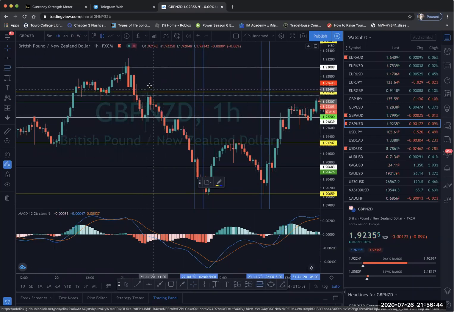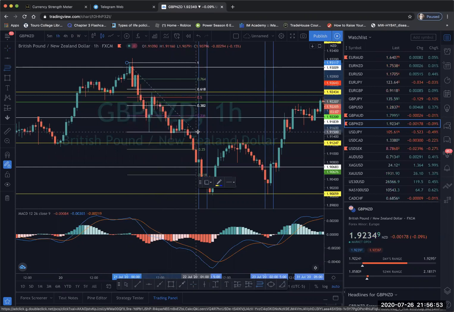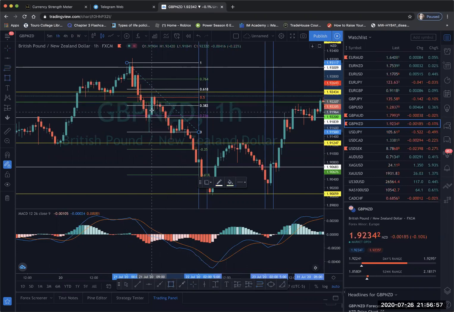So what we do is we take our Fibonacci from that highest point, we bring it down to that lowest point right here. And as you can see, price literally played out into our 0.5, 0.618 zone perfectly, right? That's our zone. It came into our 0.5, 0.618 zone.